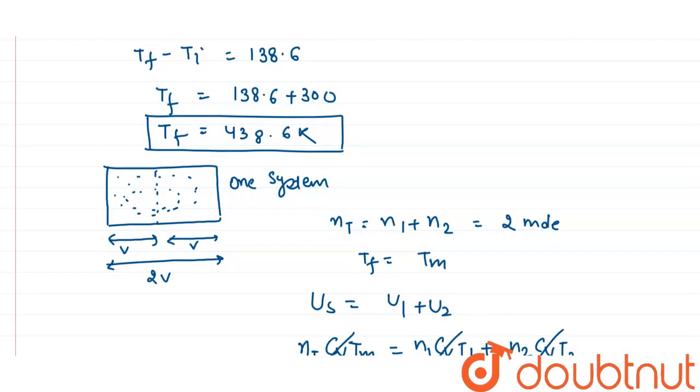Because after giving the heat, the volume of the first vessel becomes 2V, and the other remains constant at V. Now the total volume becomes 3V.